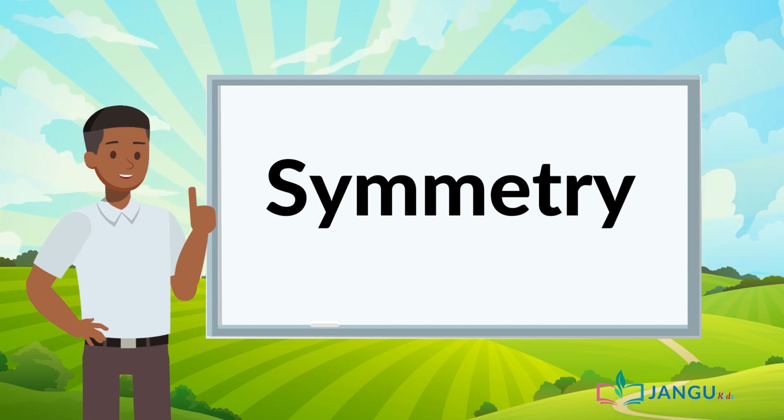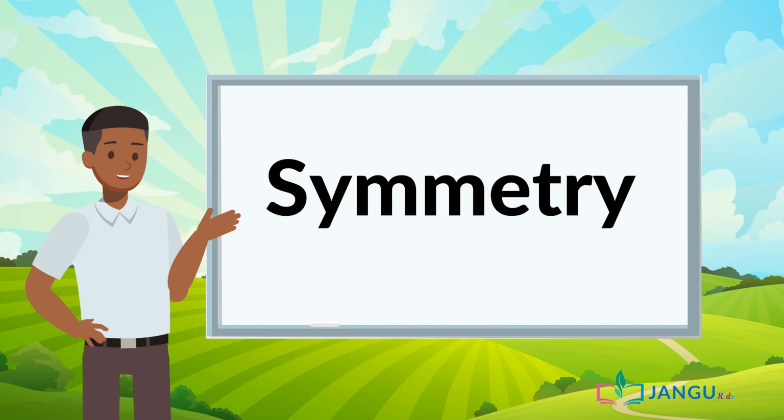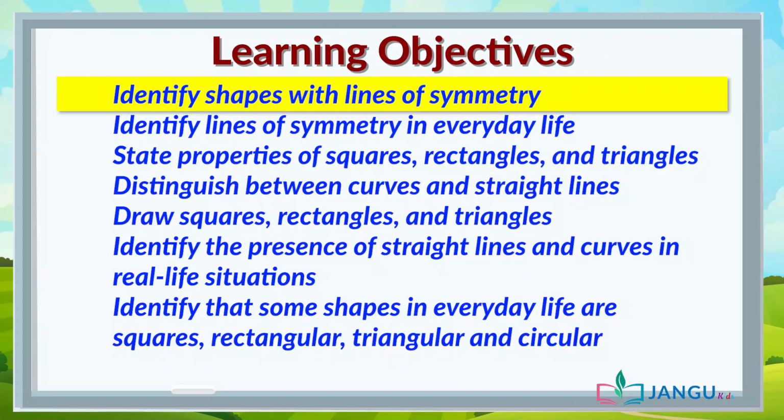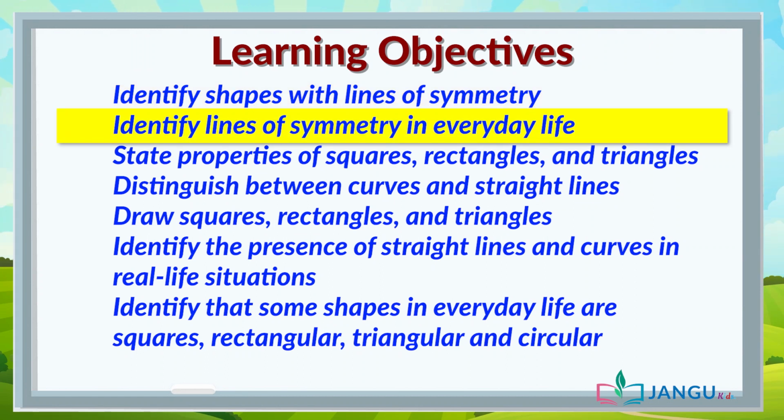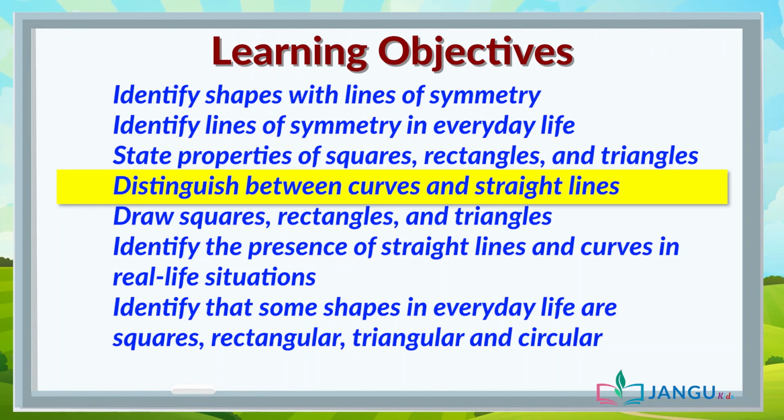Today, we will learn about symmetry, and at the end of this lesson, you should be able to identify shapes with lines of symmetry. Identify lines of symmetry in everyday life. State properties of squares, rectangles, and triangles. Distinguish between curves and straight lines.